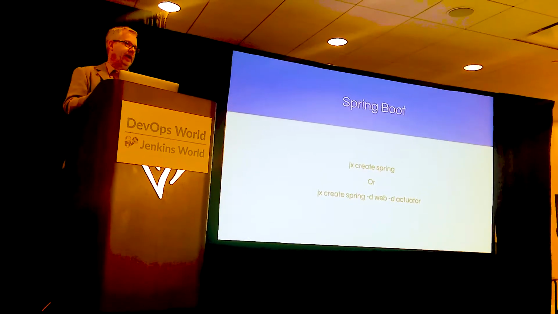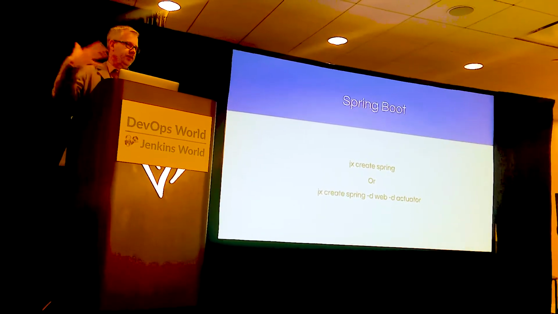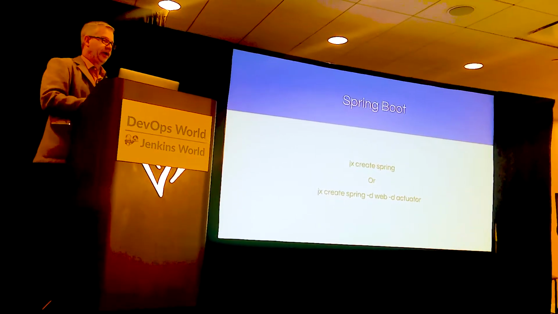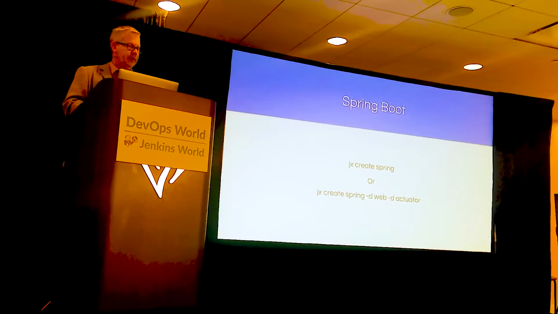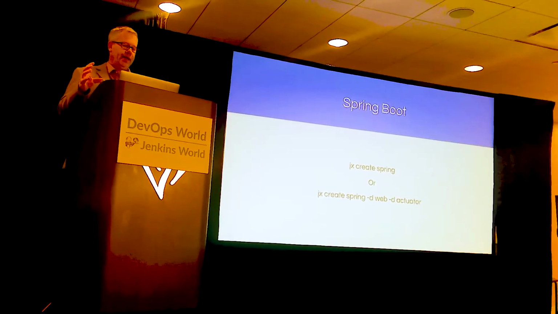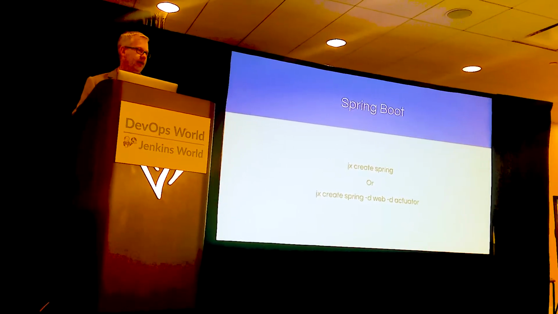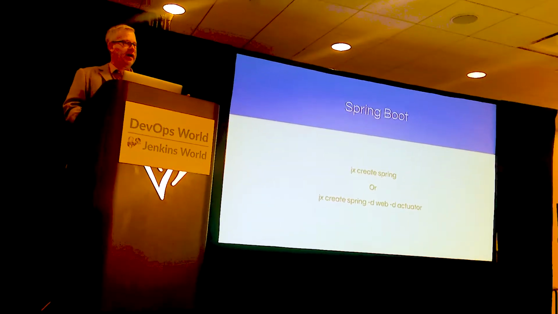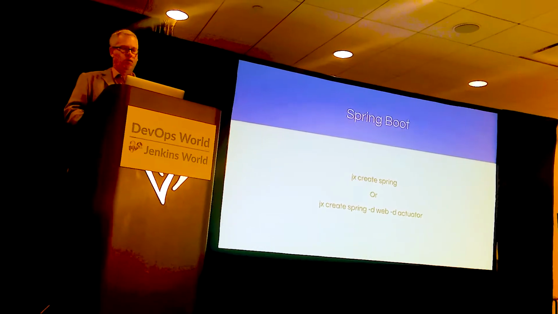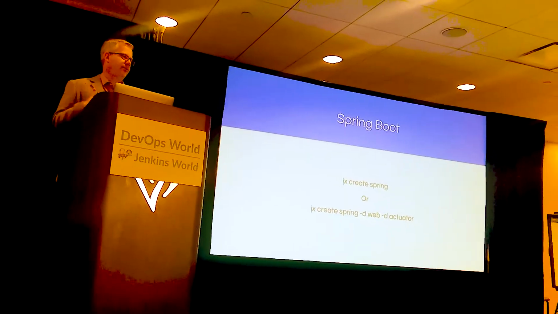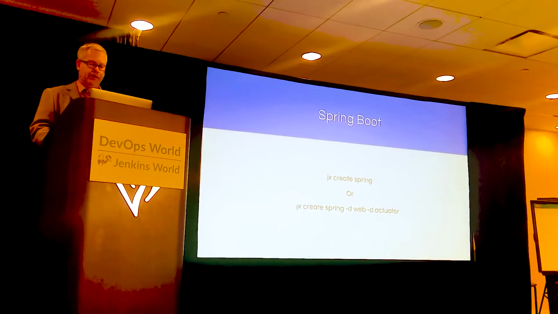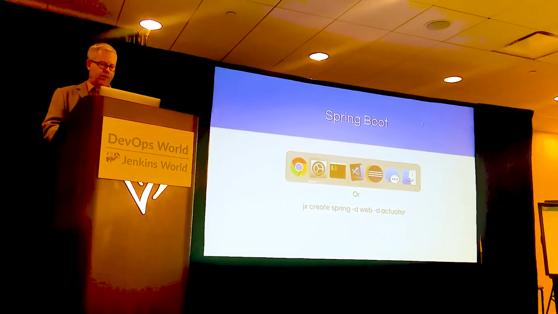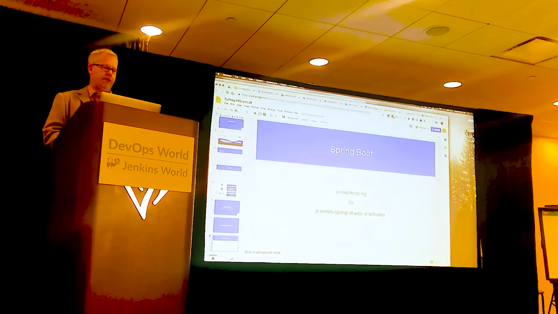So in order to create that application, instead of using the Spring template, I just say jx create spring, and I wanted to include web and actuator, which are two common things if you're going to do a web application. And what that does is it actually creates the application itself, and it includes a Jenkinsfile, a Dockerfile, and a Helm chart. So right off the bat, I have a CI/CD pipeline, and I'm doing containerization with my application. So let's go and take a look at what all this means.